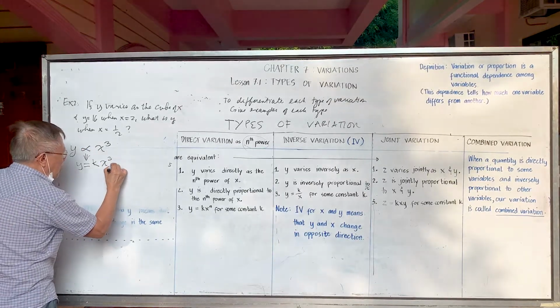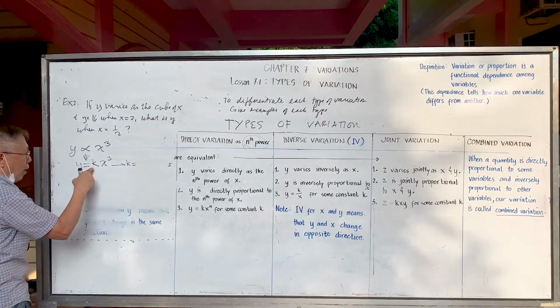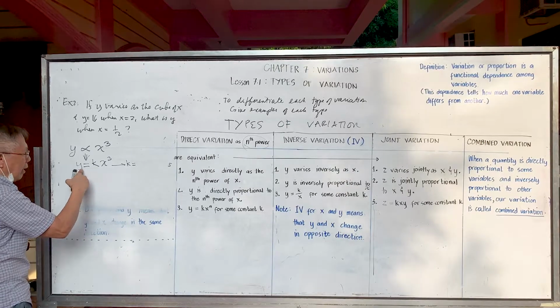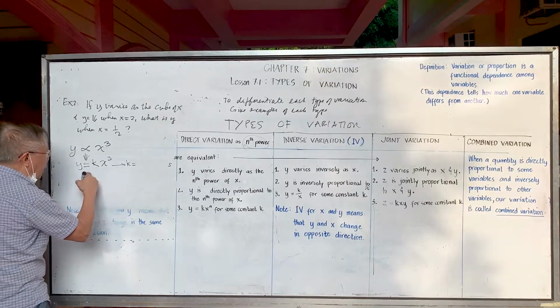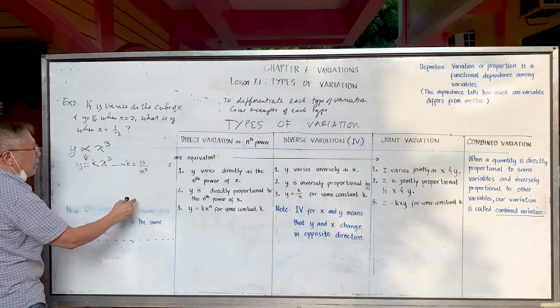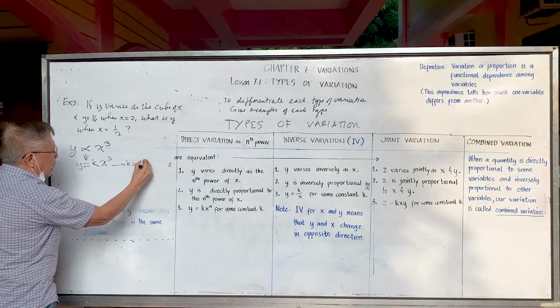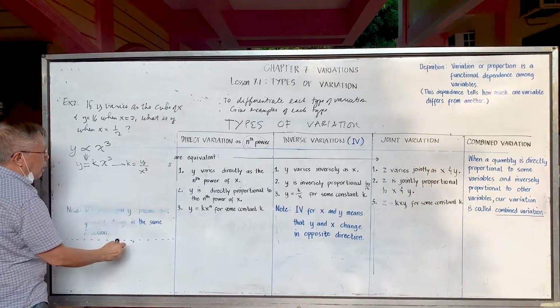Again, if we solve for k, I will have y over x cubed. Now, this is again a ratio here, y over x cubed, indicating that we have a direct variation as well.